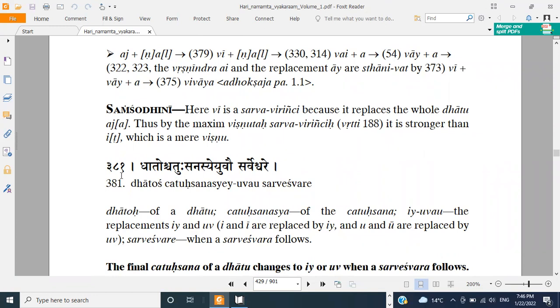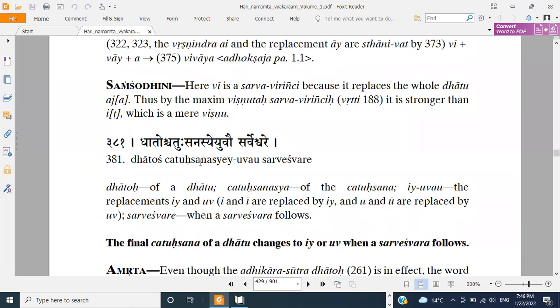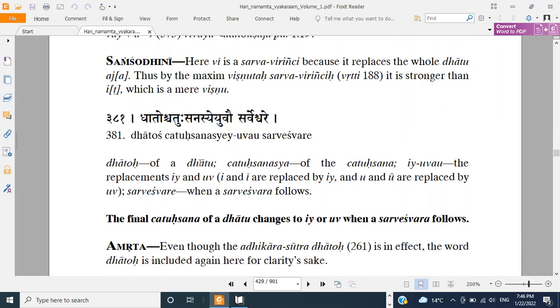Then Dhatus Chatussanasya Vo Sarveshwari.